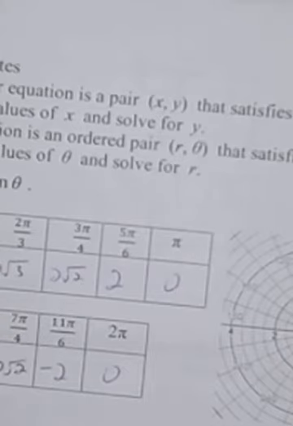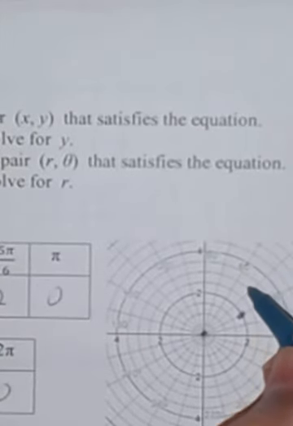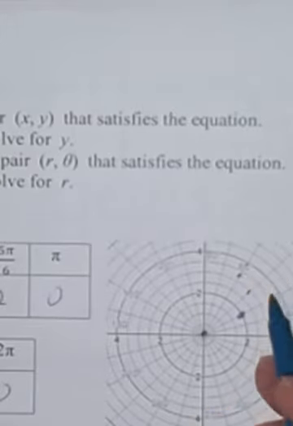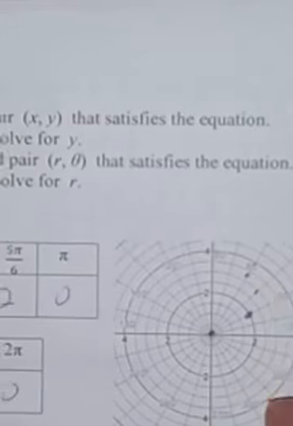What's the next one? 2 root 3, that's about 3.4, at pi over 3, about right there. And then (4, pi over 2) will be up here. Then (2 root 3, 2 pi over 3) is like that one, except on this side. Then (2 root 2, 3 pi over 4).